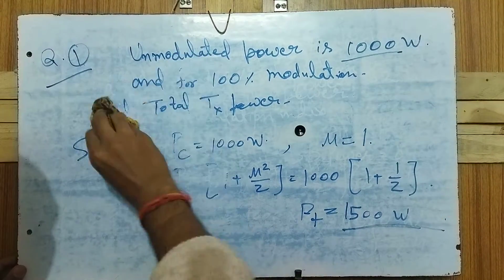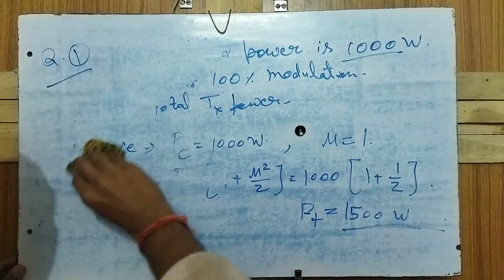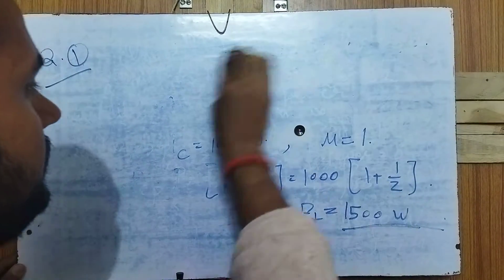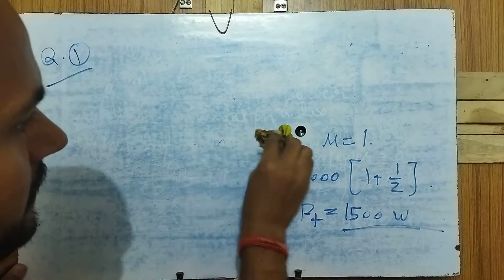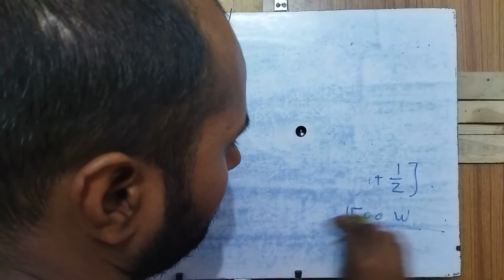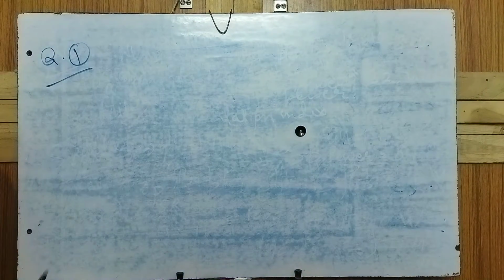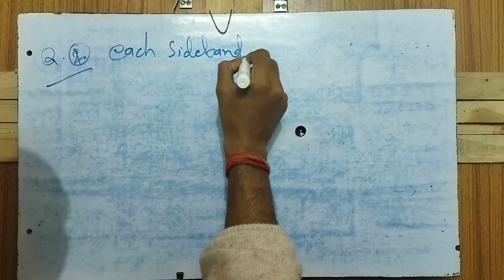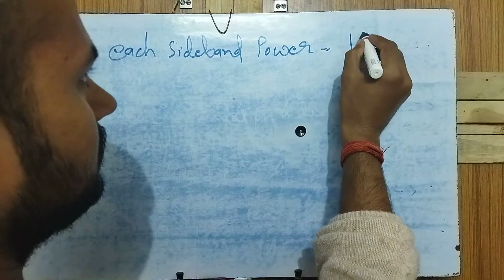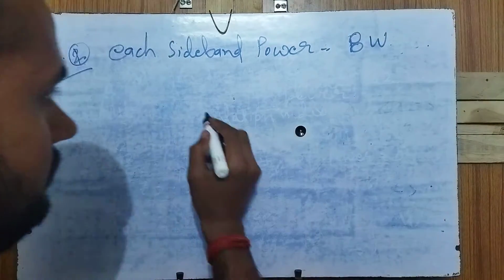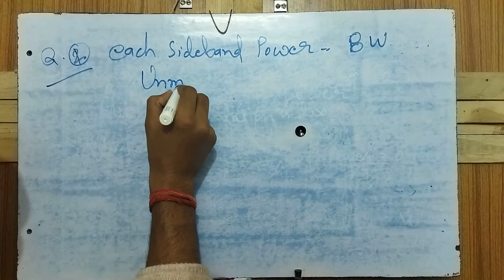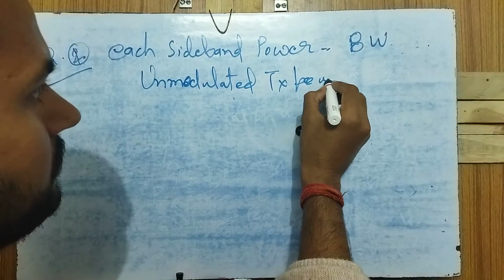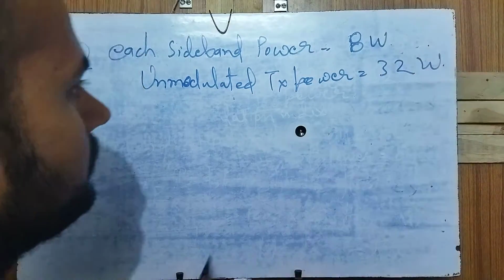Next, question number 2. Each sideband power is given as 8 watt, and unmodulated transmitter power is 32 watt.